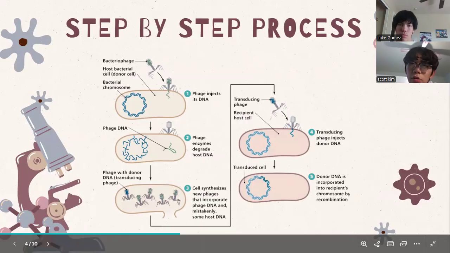This leads to transducing phage injecting the donor's DNA, and the donor's DNA is incorporated into the recipient's chromosome by recombination. The key part of this process is that the phage can accidentally act as a genetic messenger, mixing the bacterial DNA between different cells.